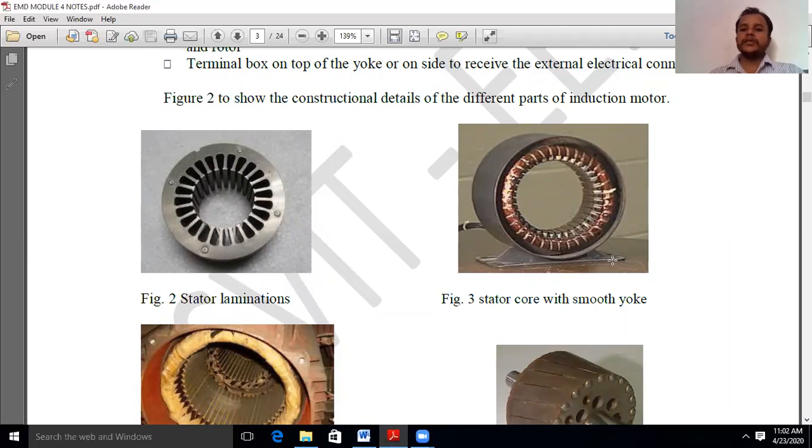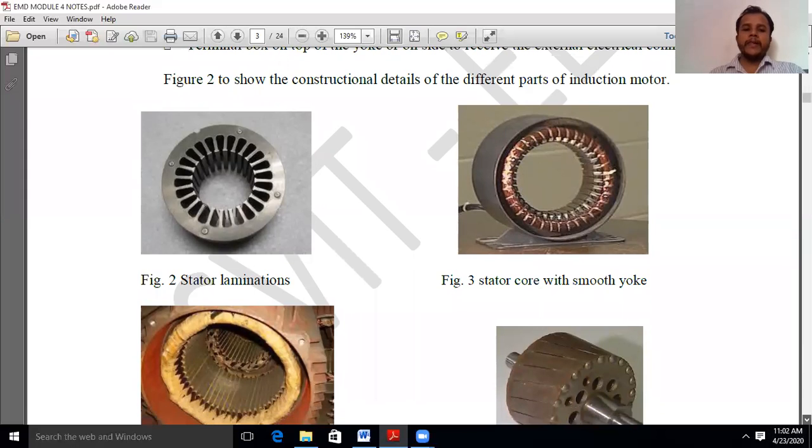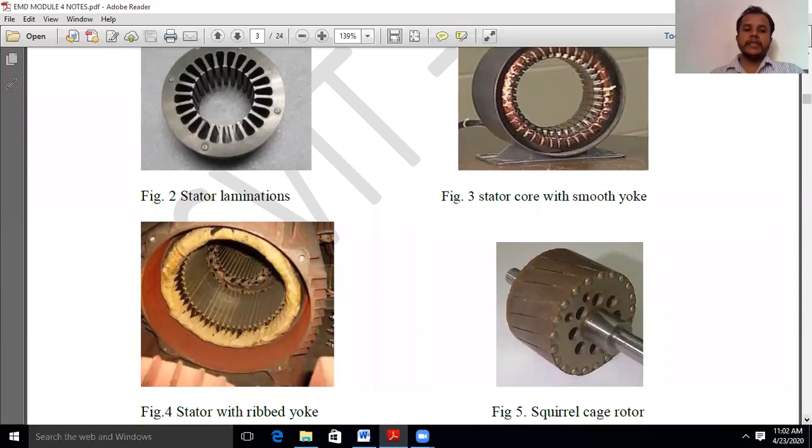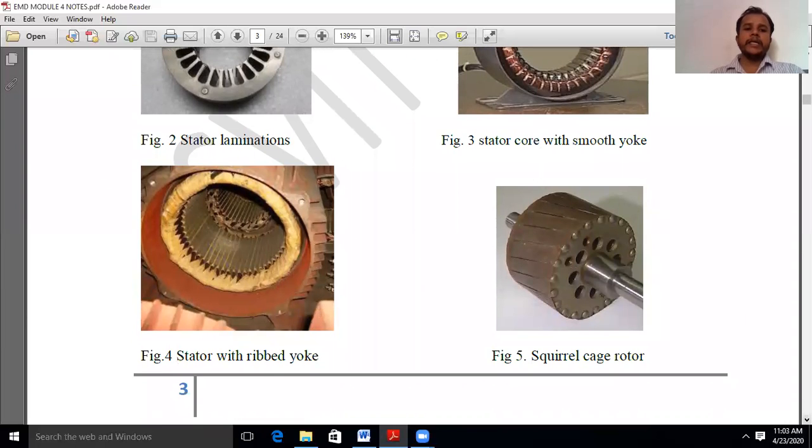Figure 3 shows the stator core with a smooth yoke. This outer part is the yoke. Next we'll see another part, the stator with the ribbed yoke.